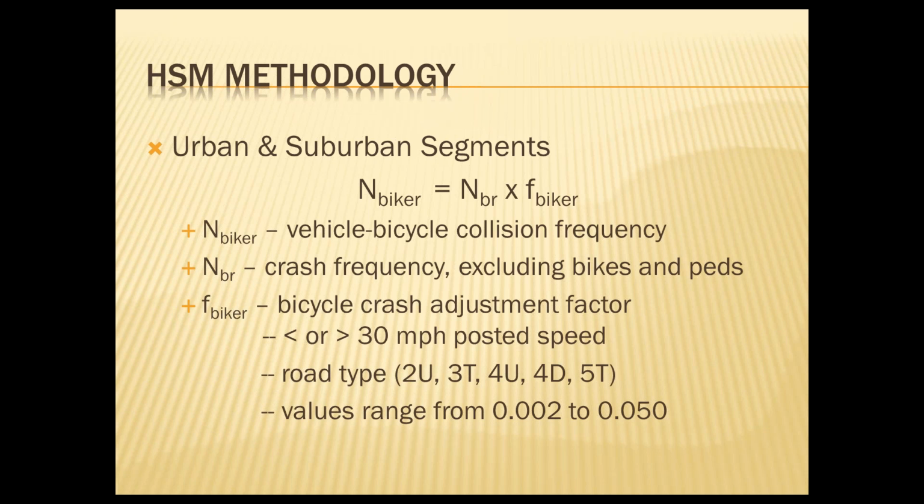That bike crash adjustment factor depends on whether it's above or below 30 miles per hour, whether you have a 2-lane undivided, a 3-lane road, a 4-lane undivided, and so forth. Those values range from 0.002 to 0.05, so it's simply a proportion of the predicted crashes for the corridor.